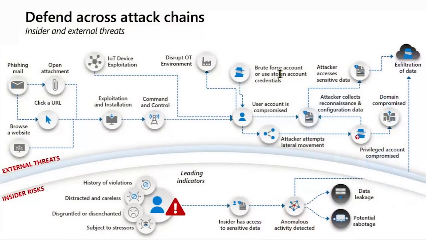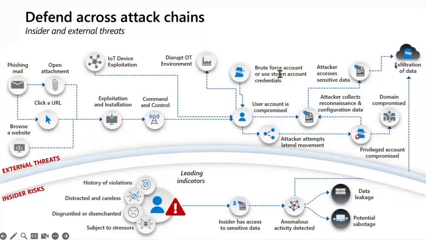this is an environment where we see different kinds of attack patterns and attack chains. For attacks from the external side, maybe I'm getting a phishing email with attachments or URLs, or malicious websites are being browsed. Based on this, I'm seeing some exploitations, installing unexpected, unhealthy packages, then moving towards the command and control phase. Then the user is compromised, the attacker is accessing data, and maybe data exploitation is happening.